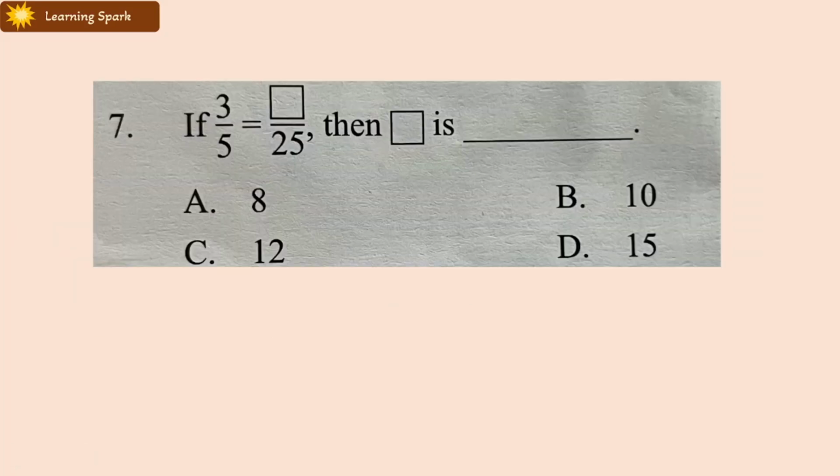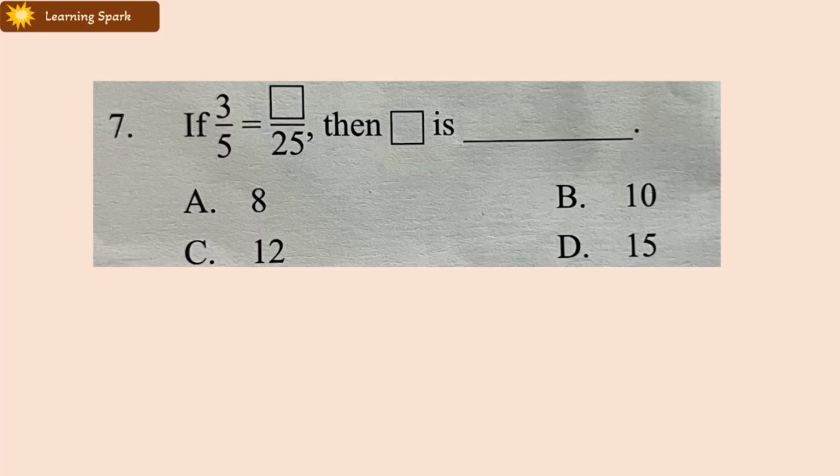Question number 7 is on the screen now. Let's solve this together. If you have not solved it already, please feel free to pause and solve. It says 3 by 5 equals something by 25, right? This is a very easy sum if you know the equivalence of fractions.